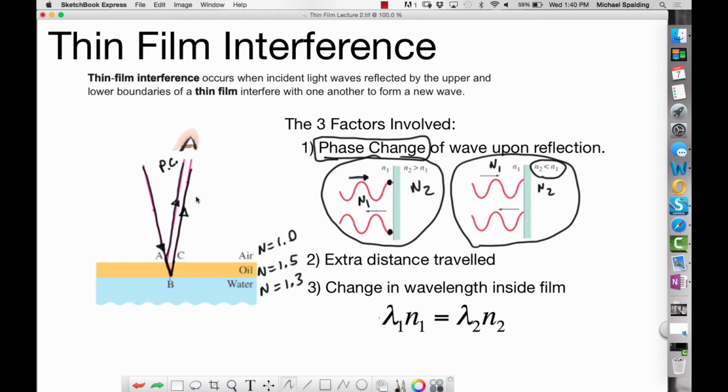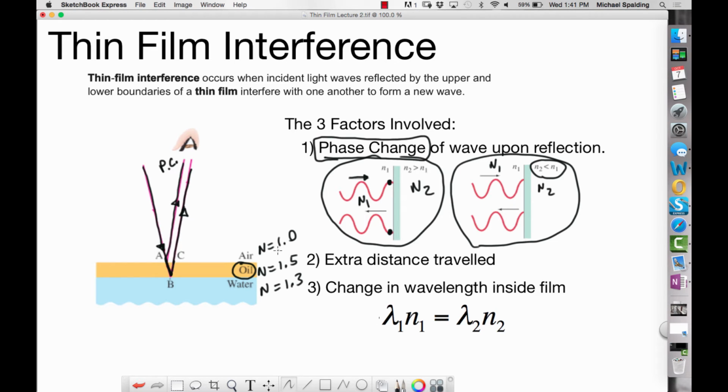It did not, because at no point did it reflect off of a boundary that had a higher index of refraction. If you follow the ray down here, it comes down into the oil and then it reflects off water. But what's the index of refraction of oil? 1.5. What's the index of refraction for water? 1.3. So that's a smaller index of refraction.